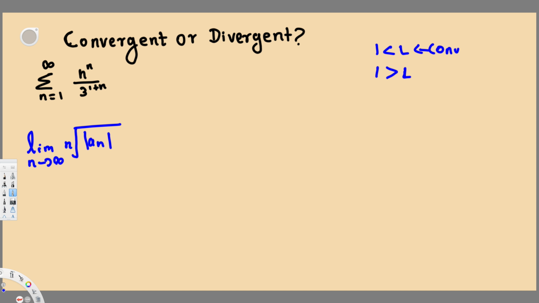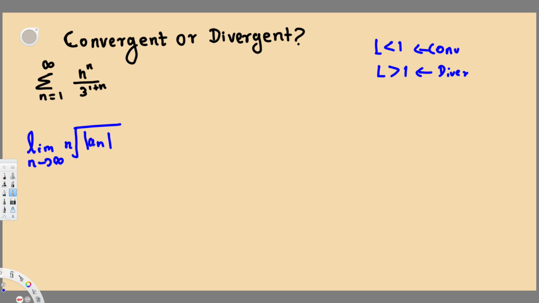L is less than 1, I wrote it wrong. So if L is less than 1, it converges. If L is greater than 1, it diverges. And if it's equal to 1, no conclusion.